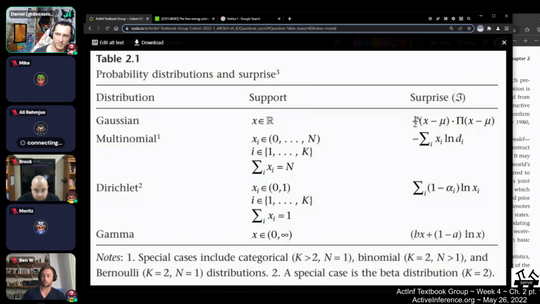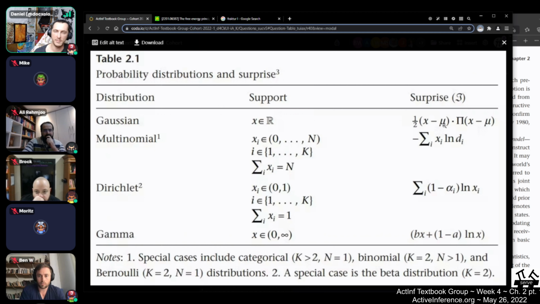But without going into every variable and trying to overlearn something, the surprise of a given observation, like a data point, let's just think about the Gaussian. X is the observed data point, and mu is the mean of that normal distribution, which is also the mode. So it's like the center of that distribution. And then this capital pi is a variance estimator, I believe here.